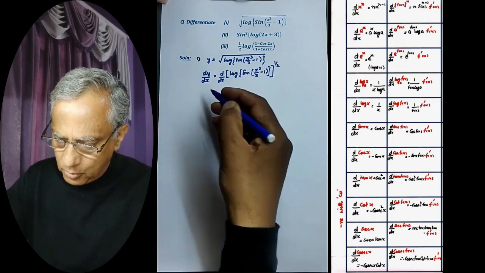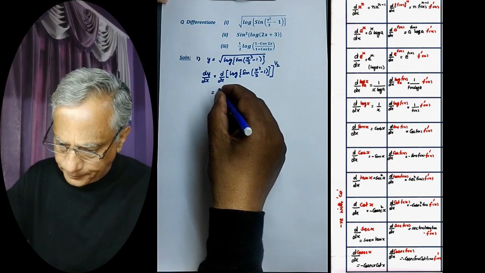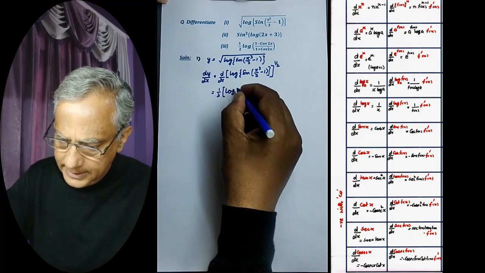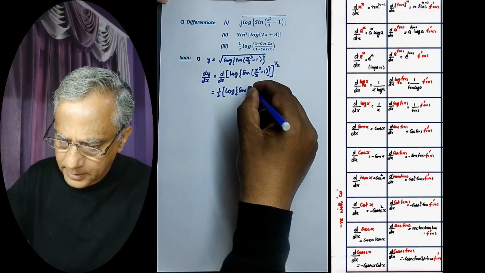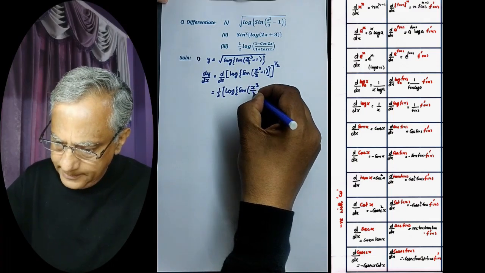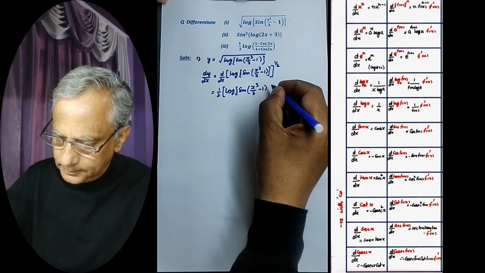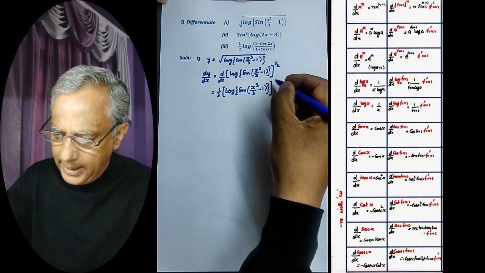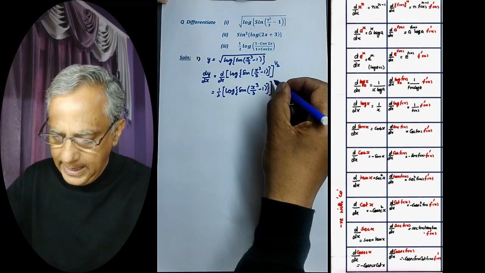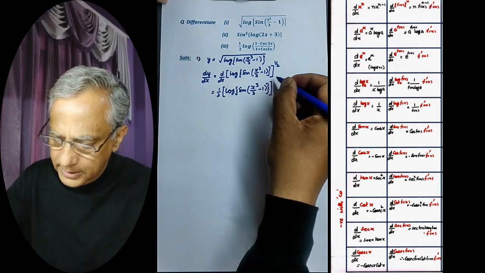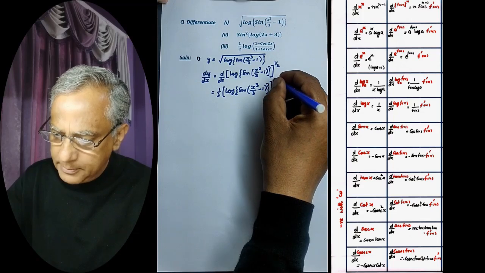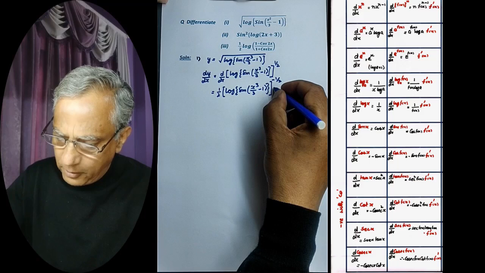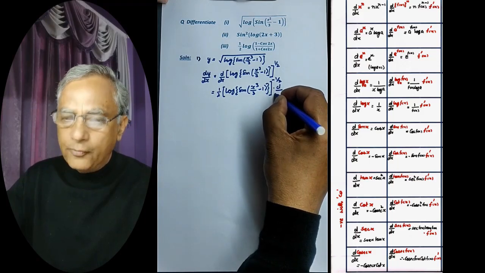So this will be equal to half, and this is f x, log of sine x cube by 3 minus 1 to the power of half minus 1. So this will be half minus 1 is minus half into, chain rule states never forget to multiply by the differentiation of the inner function.